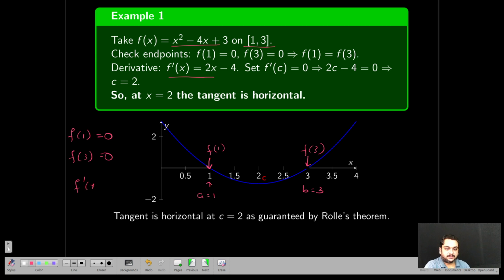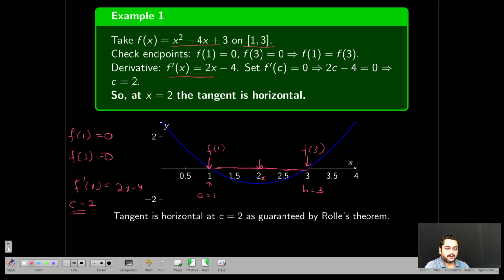That's what they're saying. F dash of x, if I differentiate this curve, is 2x minus 4. So the critical point C will be equal to 2. So at x equal to 2, the tangent is horizontal. This is x equal to 2. If you observe here, if I draw f dash of C, here this is horizontal, joining these two.